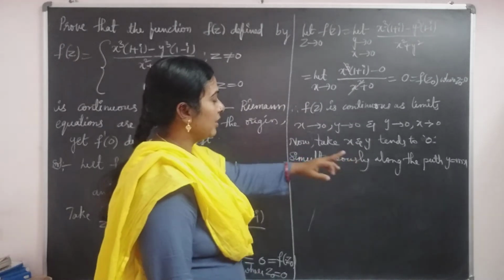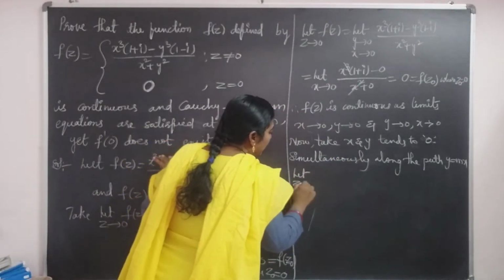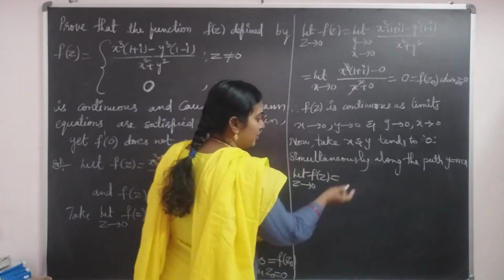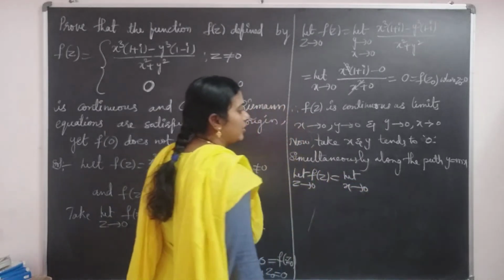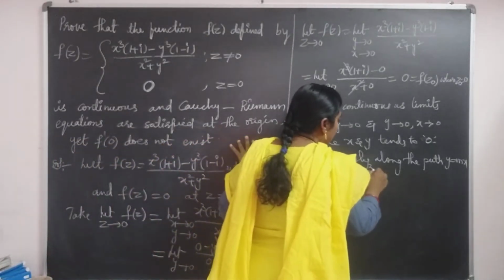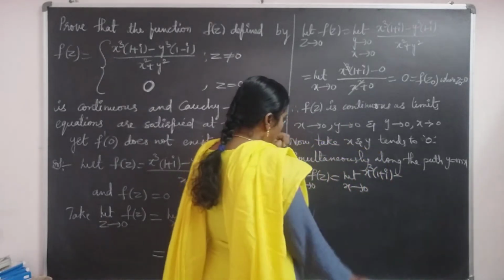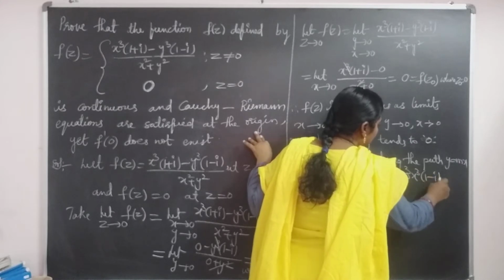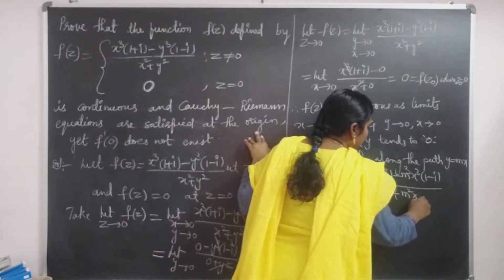Then that y is substituted in the limit z tends to 0, f of z. Since y depends on x, the limit value is only for x, y is replaced with mx. So x cube into 1 plus i minus m cube x cube into 1 minus i by x square plus m square x square.